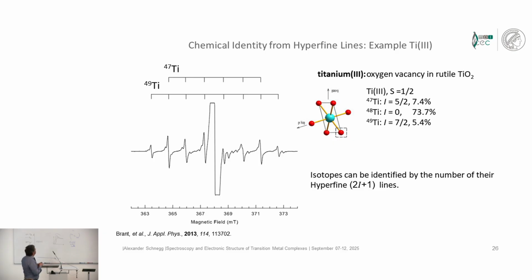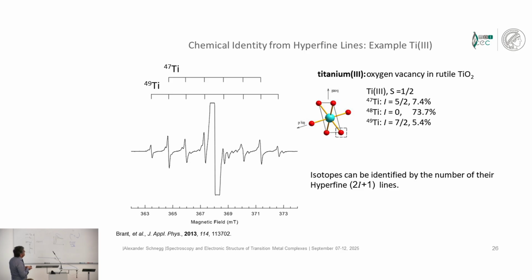Here is the case of an oxygen vacancy in titania. And if you look at the spectra, you see here clear splittings, a very large peak in the center, but the intensity of these peaks differs through the spectrum. And this can be straightforwardly rationalized by the fact that titanium has mainly 3 isotopes.